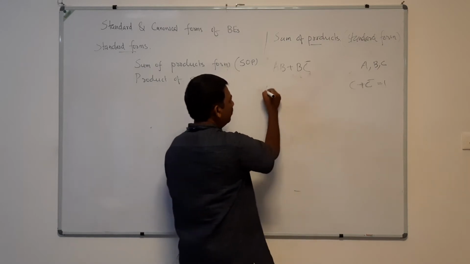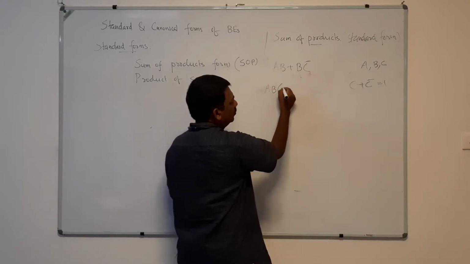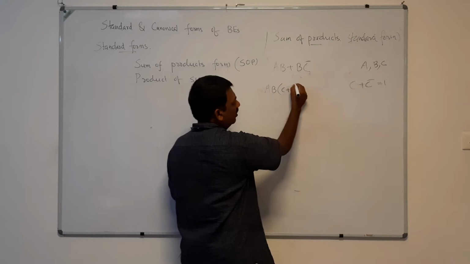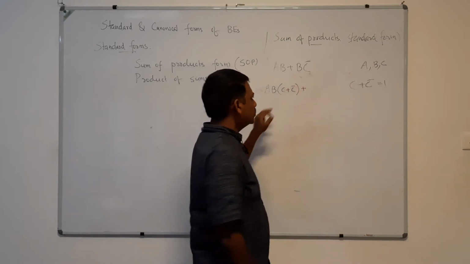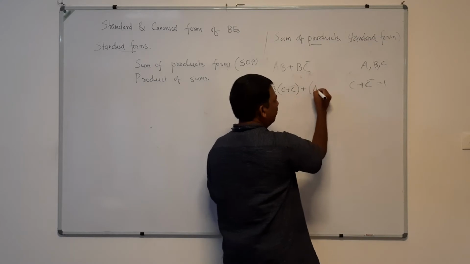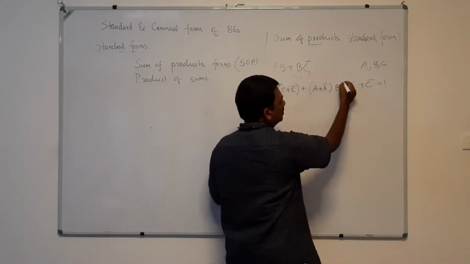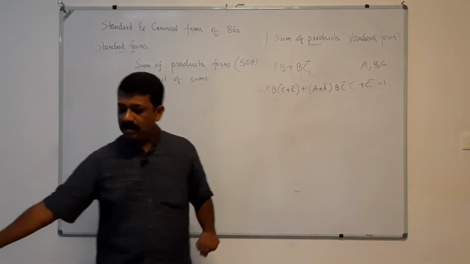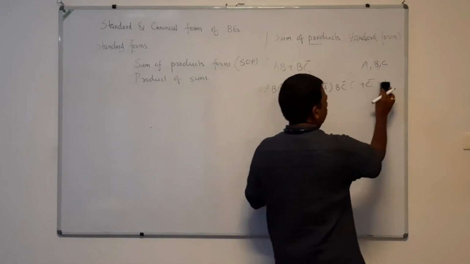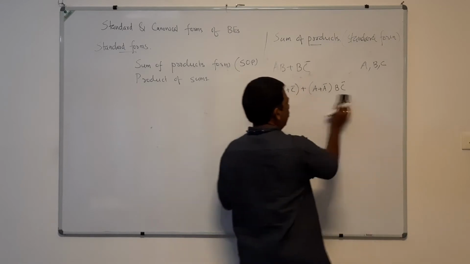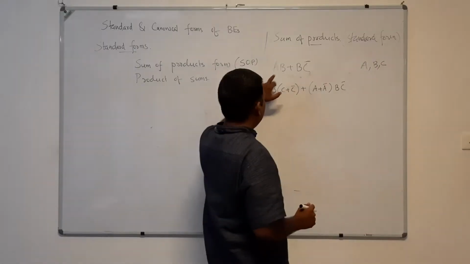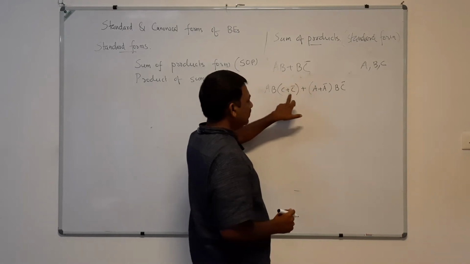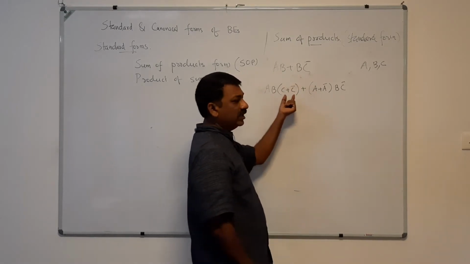So I am going to have AB into C plus C bar, plus, here I am lacking A, so I am going to multiply that with A plus A bar, into B C bar. Here multiplying AB with C plus C bar, C plus C bar is actually 1.